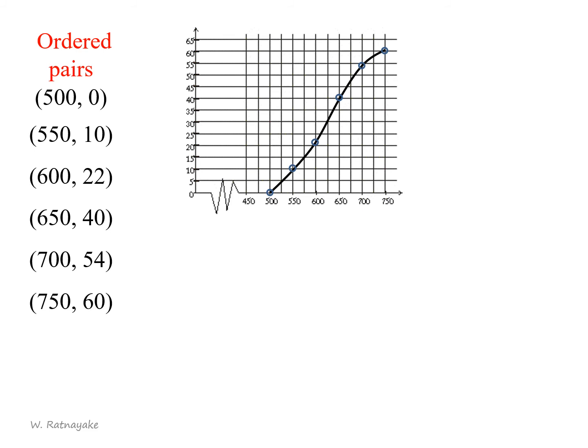To find the 30th value, from 30 on the vertical axis we draw a line parallel to the horizontal axis to meet the curve, and from there we draw a perpendicular line to meet the horizontal axis. It comes like this, and the value here is 625. Therefore, the median value is 625 according to the graph.